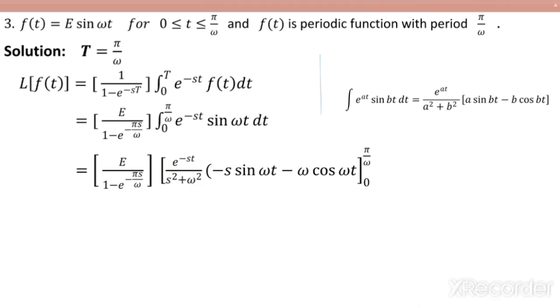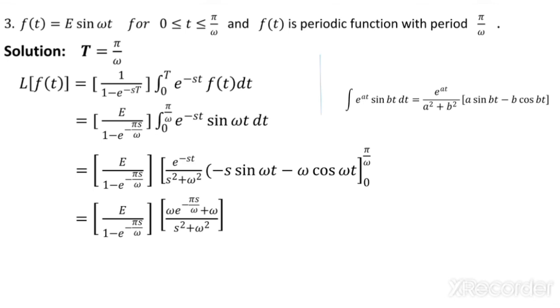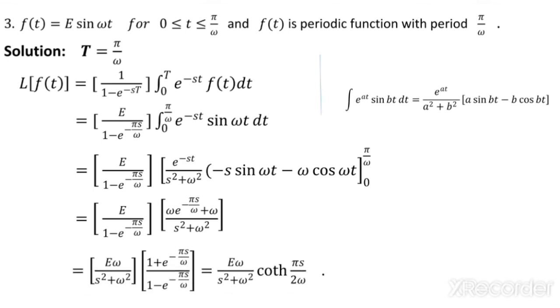So the next step gives e by 1 minus exponential minus pi s by omega, into omega e power minus pi s by omega plus omega, by s square plus omega square. Or you can take omega constant out: e omega by s square plus omega square, into 1 plus e power minus pi s by omega, by 1 minus e power minus pi s by omega.